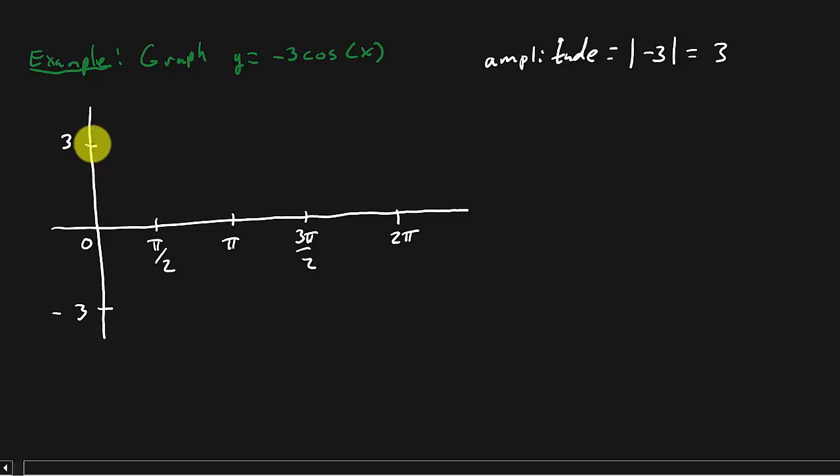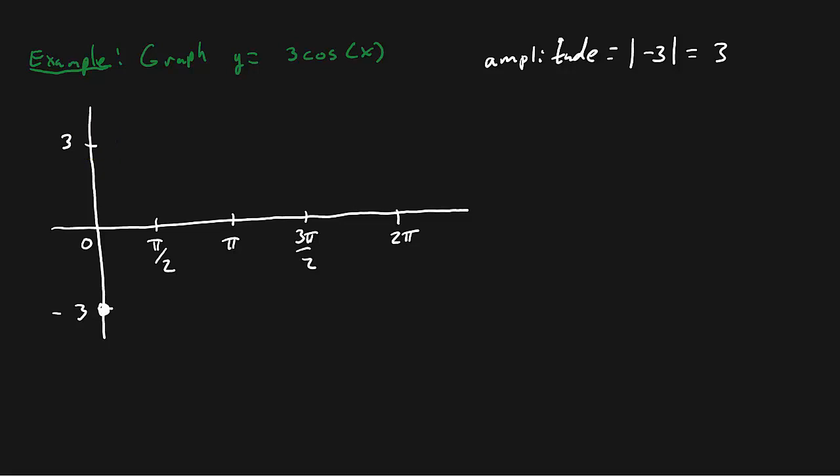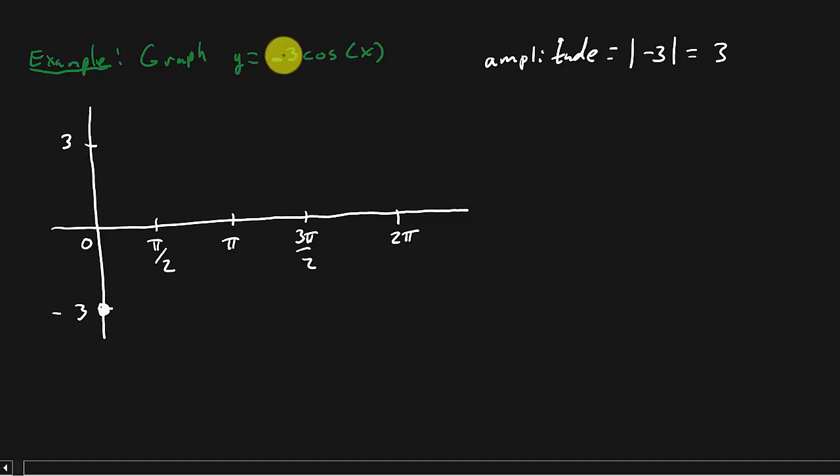Cosine starts out at its maximum, but because there's a negative, that's going to flip it down to its minimum. If that negative wasn't there, we would start up here at 3, at its maximum. But since there's a negative, we start out at the minimum.